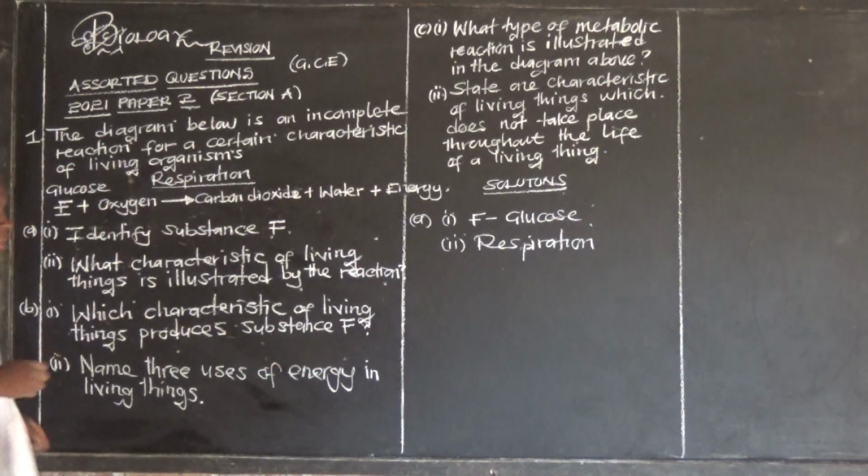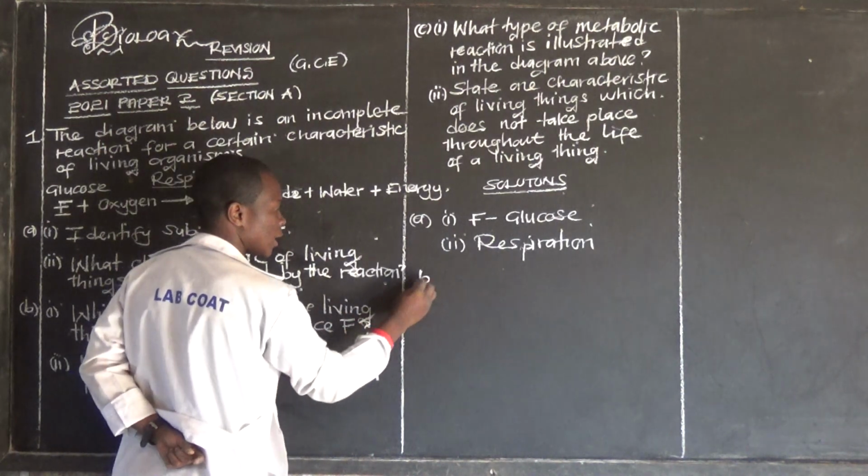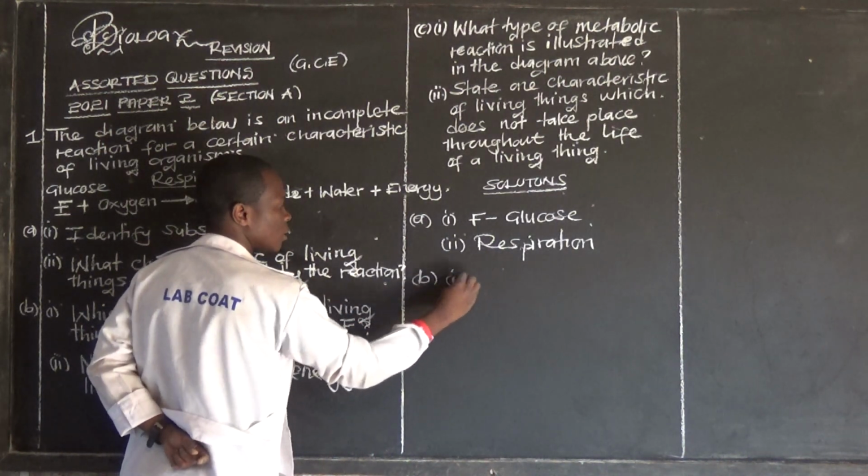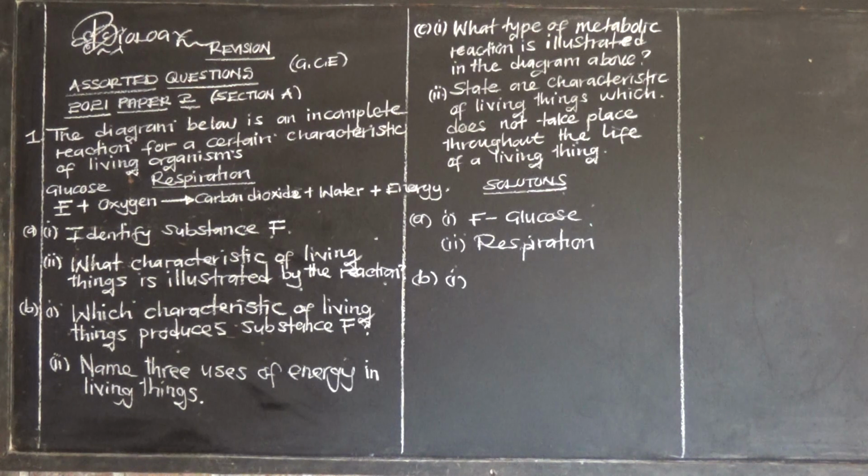Is it okay? Then let us look at question B, Roman numeral 1. It's saying which characteristic of living things produces substance F. We were saying substance F is glucose.